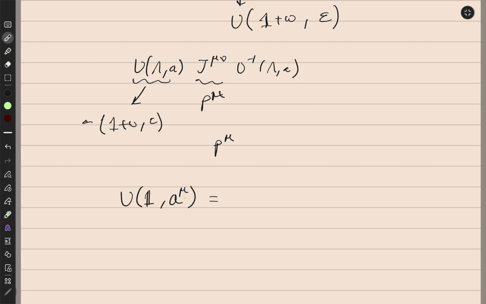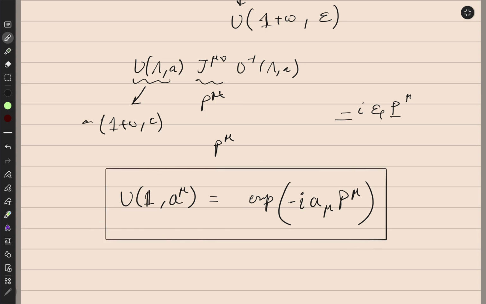Since we know its generators are minus i epsilon rho P mu in infinitesimal form, and since last time we saw that abelian ones have the structure of an exponential, e to the power i times the generators, which are minus P mu, we can write it as e to the i a mu P mu. This is the operator, the unitary transformation corresponding to pure translations on the physical states on the Hilbert space.